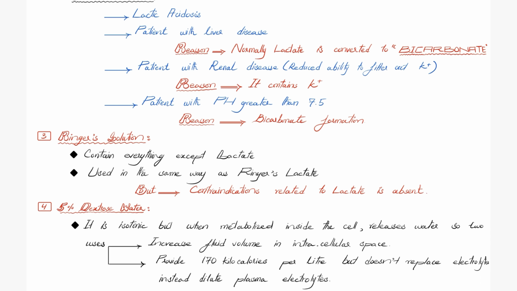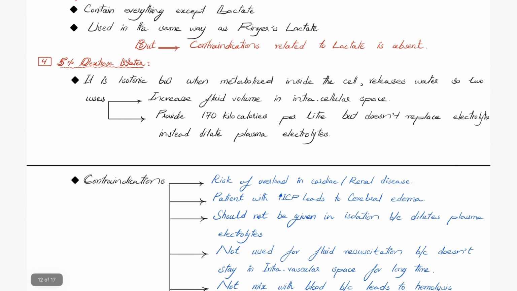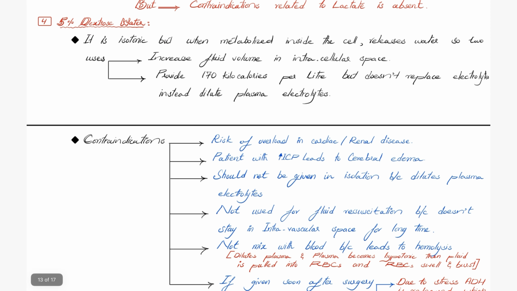The fourth type of isotonic crystalloid is 5% dextrose in water. It is also isotonic, but when metabolized inside the cell, it releases water. So it is used to increase fluid volume in intracellular space, and it provides 170 kilocalories per liter, but it does not replace electrolytes. Instead, it dilutes plasma electrolytes. How does it dilute plasma electrolytes, and how does it start causing hypervolemia? When glucose is used by the cells in glycolysis, water of metabolism is produced.